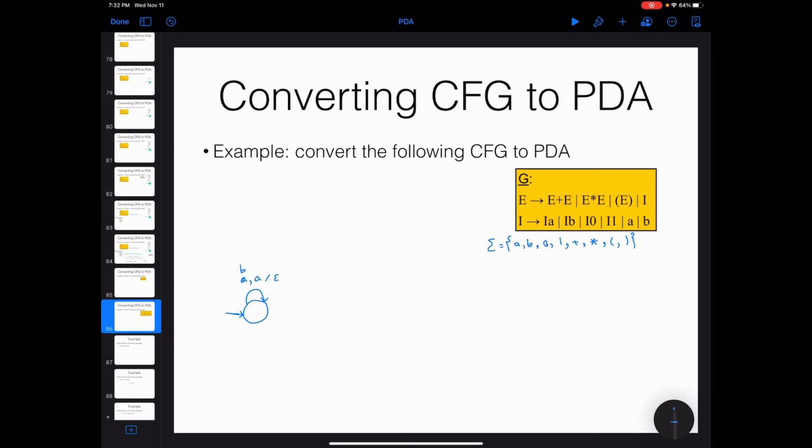If you see B in the input and the top of the stack is B, pop it. If you see 0 and the top of the stack is 0, pop it. If you see 1 and the top of the stack is 1, pop it. If you see plus and the top of the stack is plus, pop it. If you see a star and the top of the stack is a star, you pop it. If you see open parentheses and the top of the stack is open parentheses, pop it.